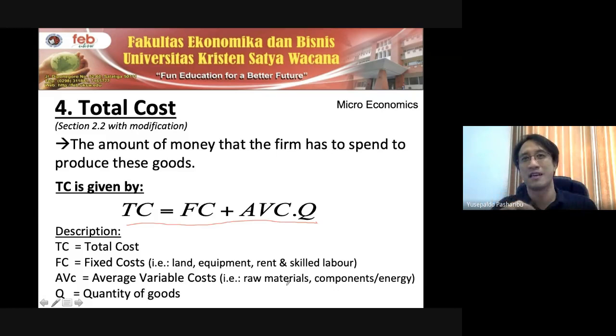If you need three cameras, then you can put three cameras. Those components are called average variable cost, so the cost depends on the quantity.